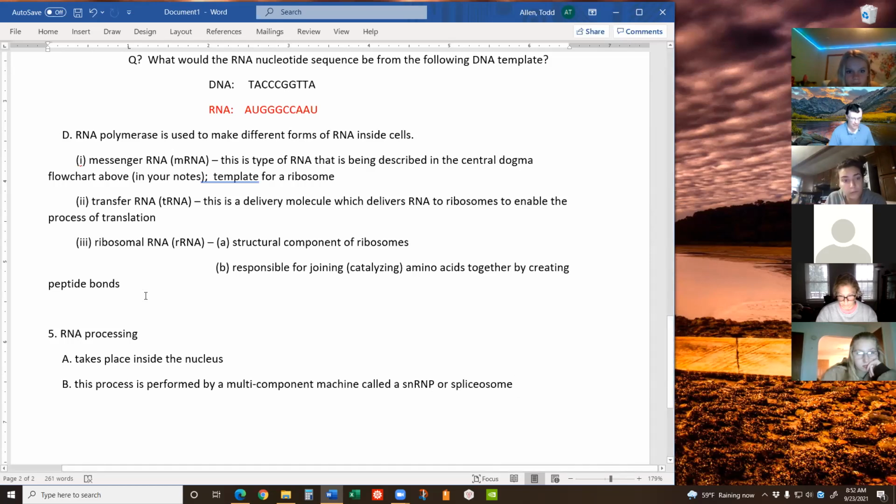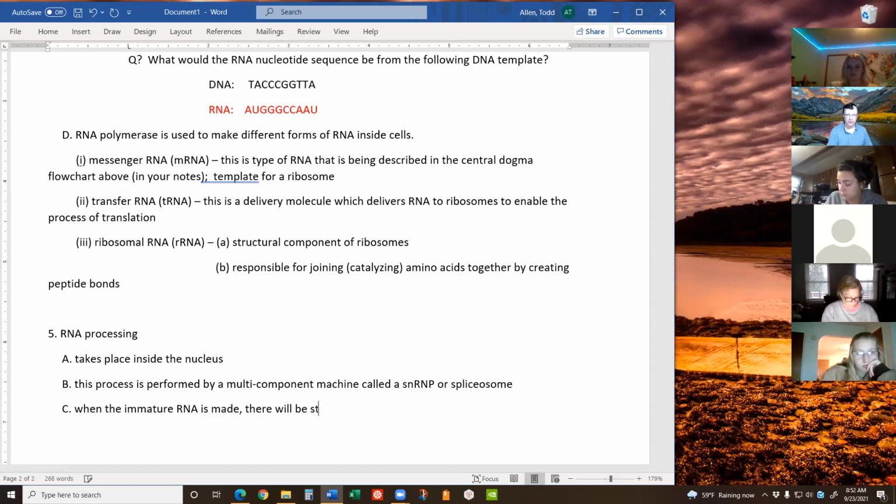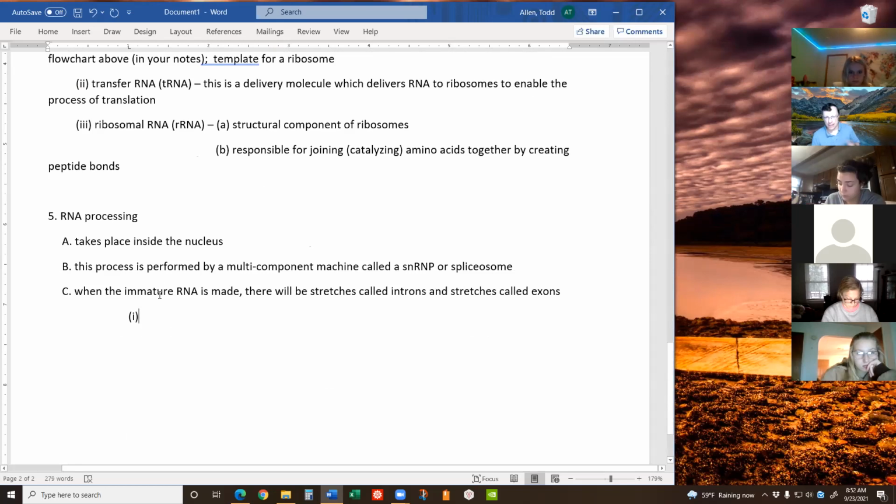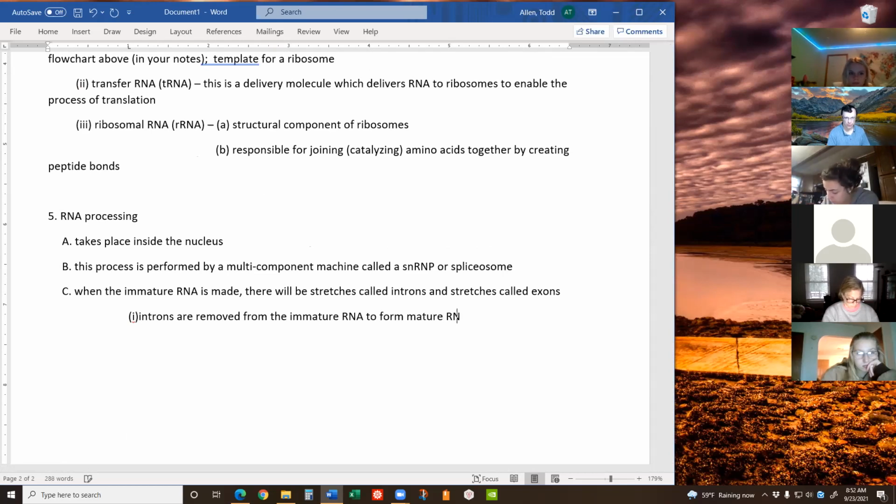Okay. And so the basic process is this, that when the immature RNA is made, there will be stretches called introns and stretches called exons. Okay. So what has to happen is the introns are spliced out of the immature RNA. Introns are removed from the immature RNA to form mature RNA.